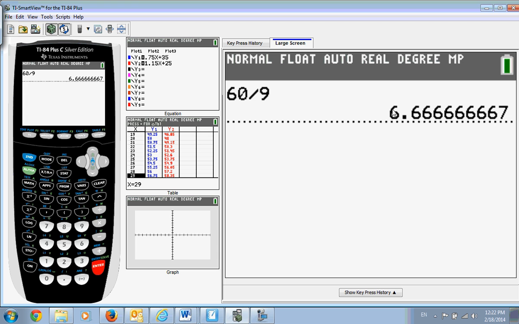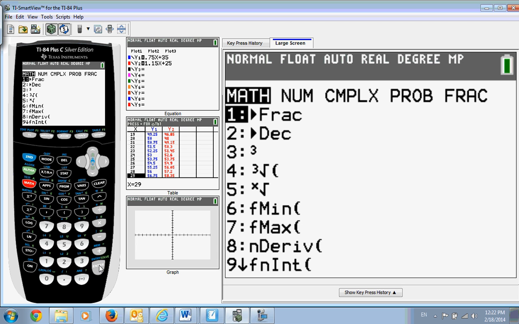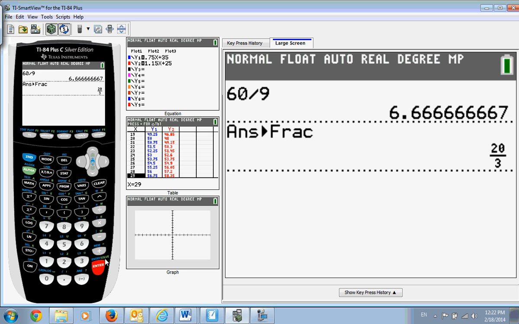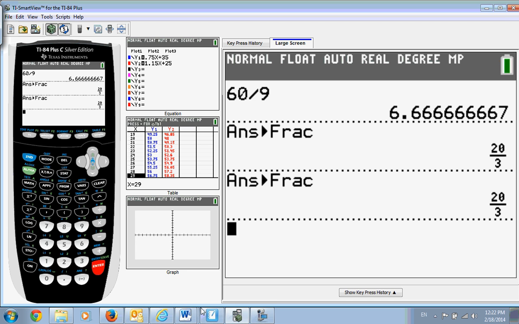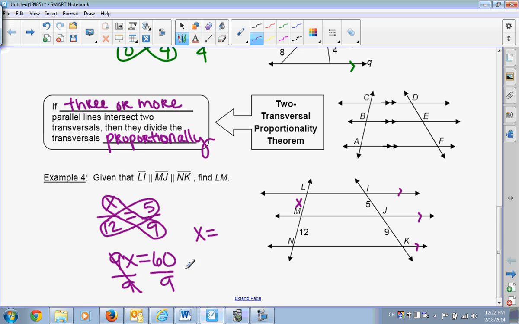So if I wanted to change this into a fraction, I would just press math, enter, enter, and it turns it into a fraction for me. So 20 thirds is what x is equal to, or 6.6 repeating, which is actually the same as 6 2/3 if you wanted a mixed number.